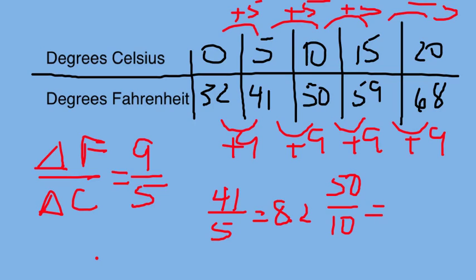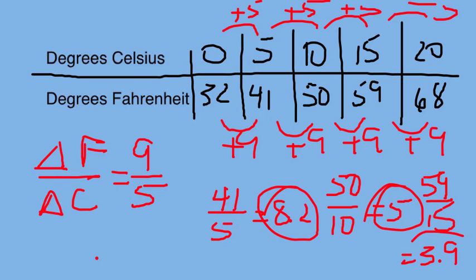Well, that equals 5. And if we look at 59 over 15, we get 3.9. So is it a proportional linear relationship? No, because these are not equal to each other. But it is a linear relationship because we have a constant rate of change.